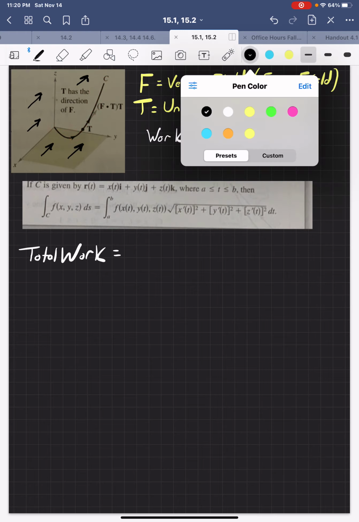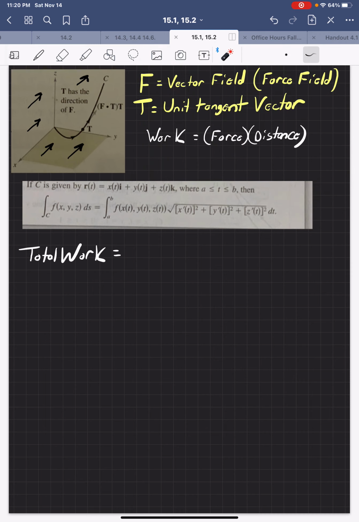Now, let me switch back to my stylus. If you care to determine the work done by the force, it should make sense that you're only going to have to consider the part of the force field that is acting in the same direction that the object is moving, or the opposite direction, right?